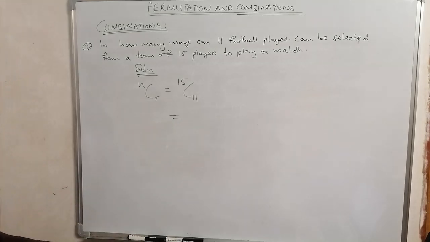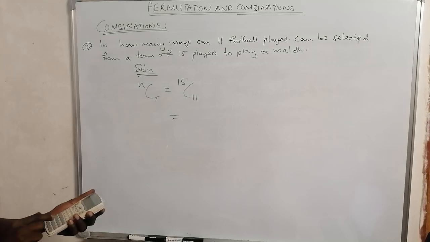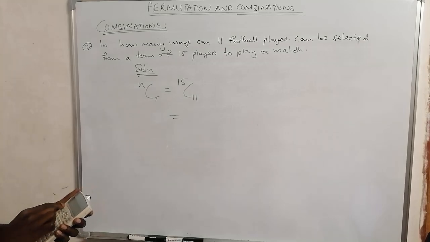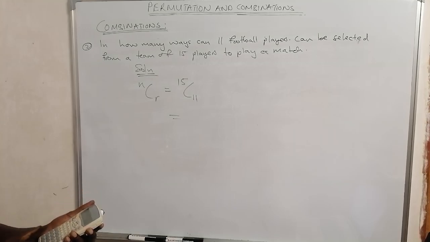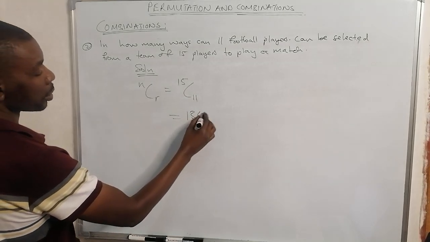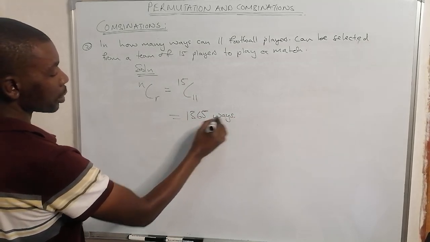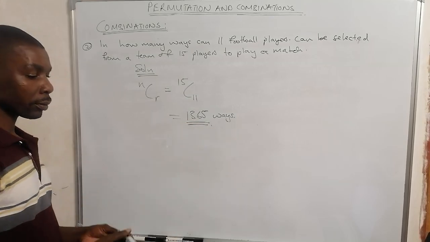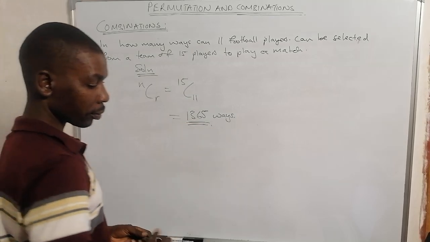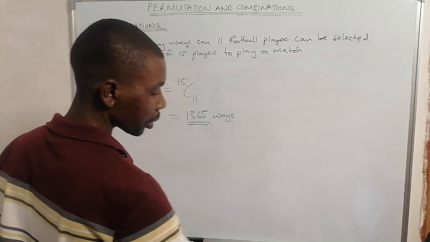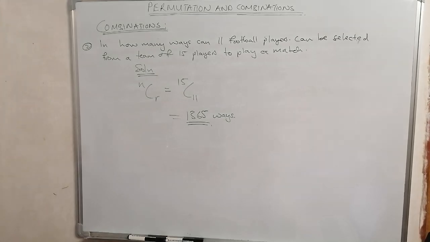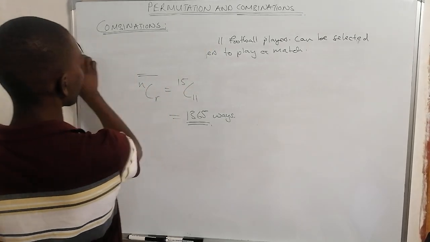If we punch 15 choose 11 in our calculator, that will give us 1365 ways. So let's have another example under combinations, number 3.